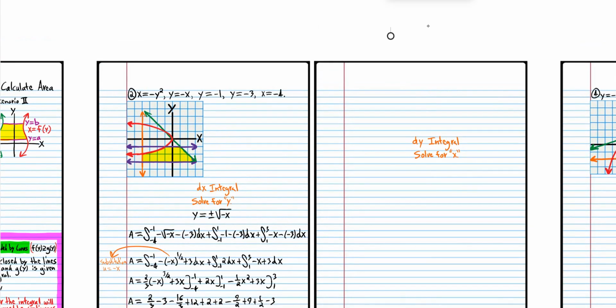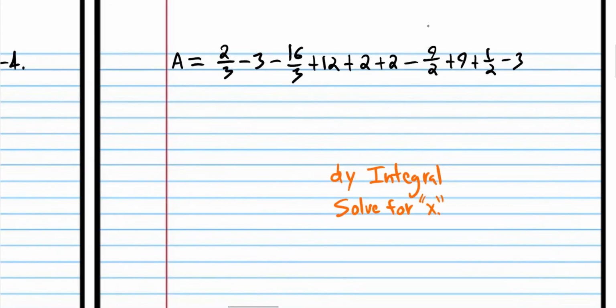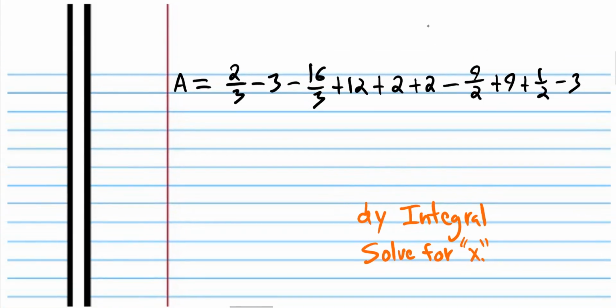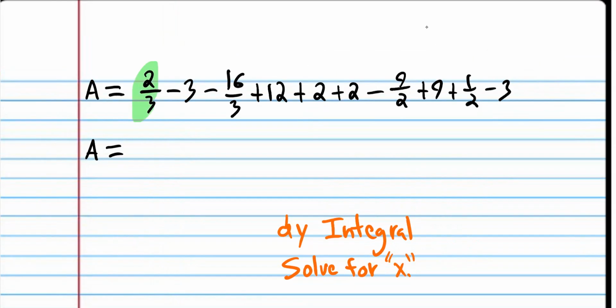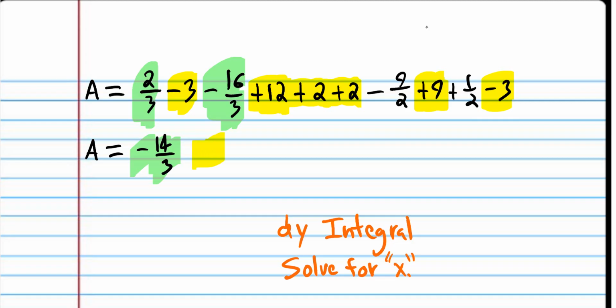So I'm going up here. So 2/3 minus 16/3 is negative 14/3. And we have negative 3 plus 12 is 9. And then 11, 13, 22, and 19. So add those up, we get 19.